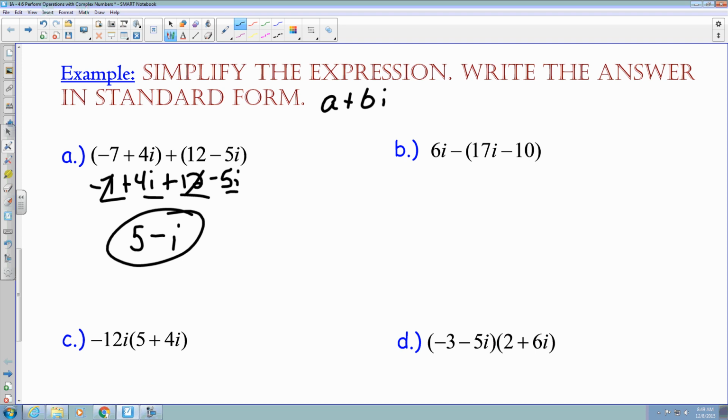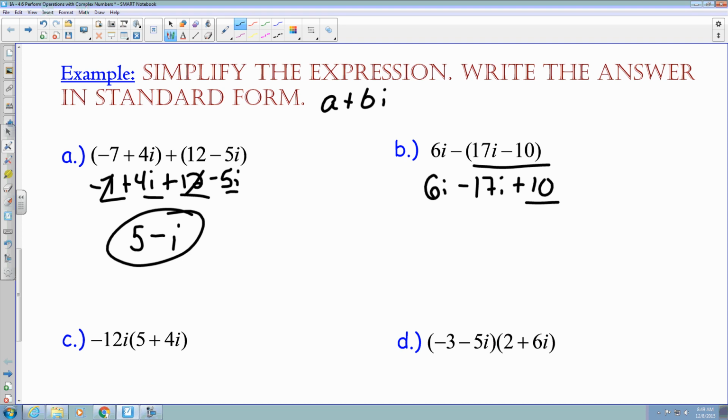If you look at example B, you have 6i minus the quantity of 17i minus 10. What you're actually doing is taking this 6i and changing the signs of everything inside the parentheses because you have the minus there. So it's going to be minus 17i plus 10.